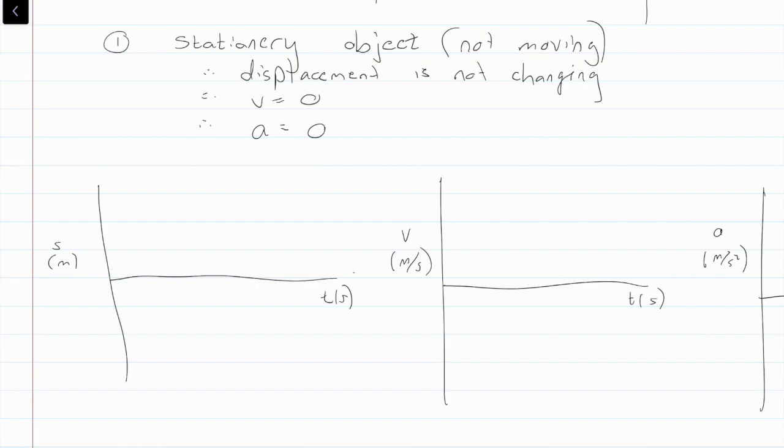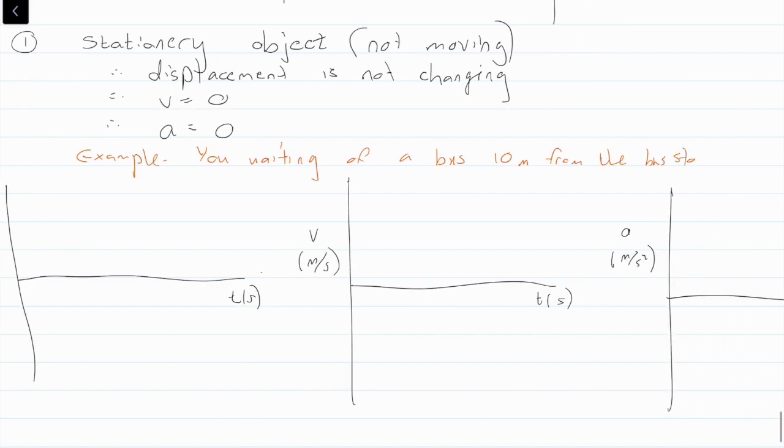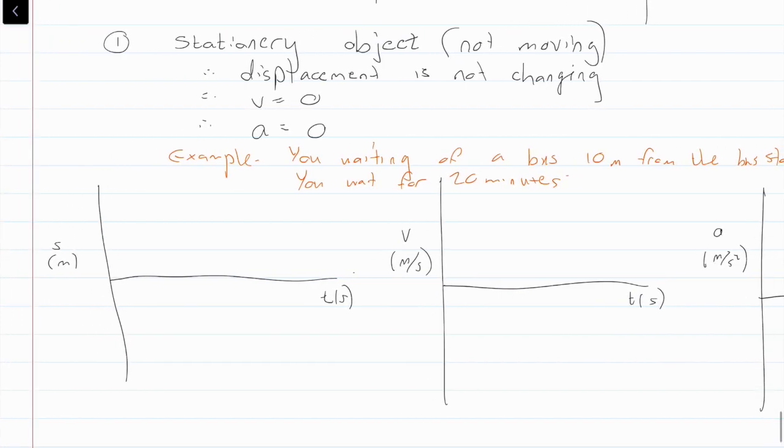Let's put in a little example. You are waiting for a bus 10 meters from the bus stop, and you wait for 2 minutes. We choose the distance away from the bus stop as being positive.